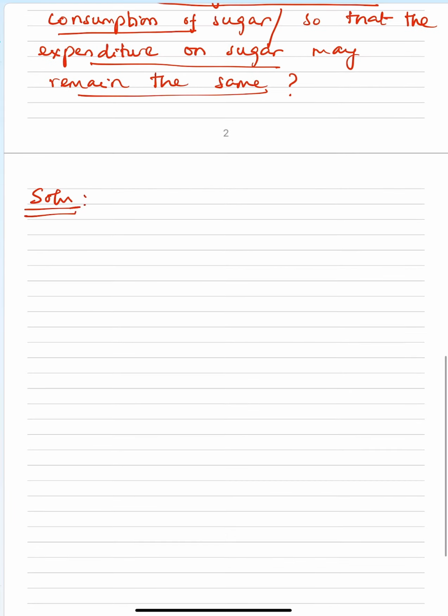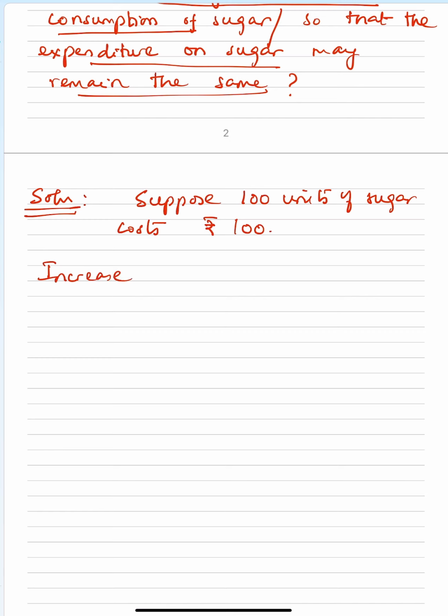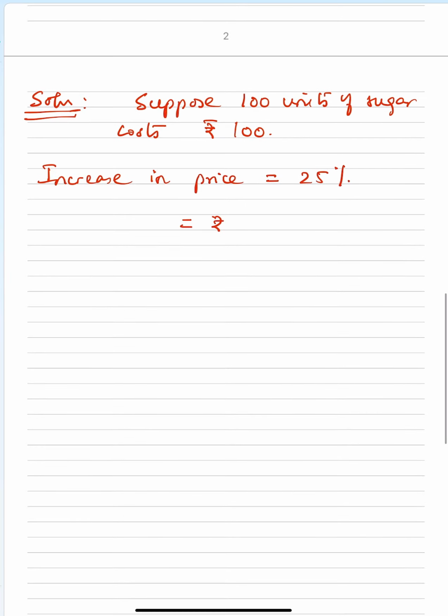Now first I would like to suppose that 100 units of sugar cost rupees 100. Okay, so sugar of 100 units costs rupees 100. Now the increase in price is what? 25%. That is rupees 25 on every rupees 100.